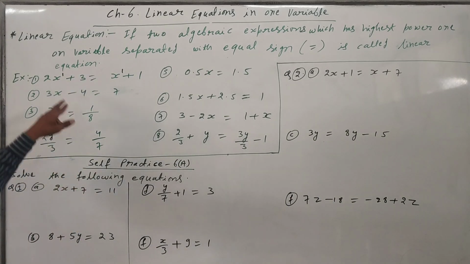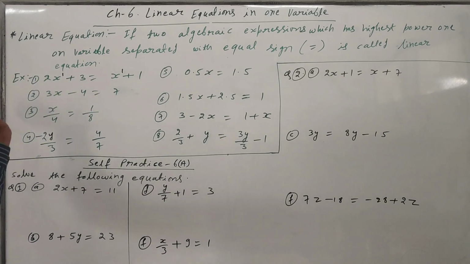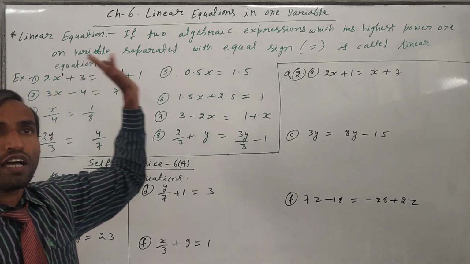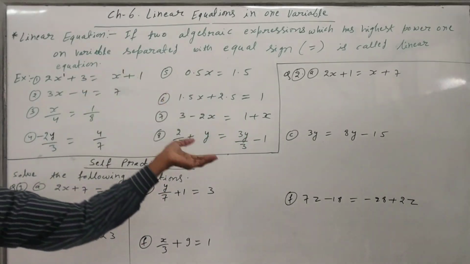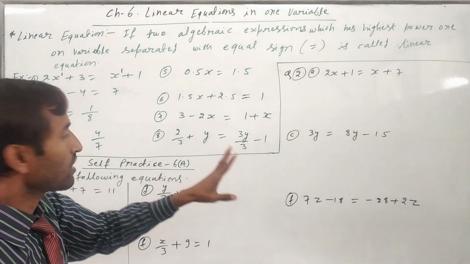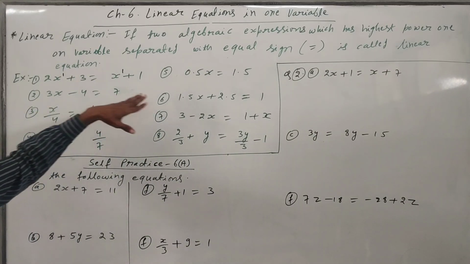Sometimes this type of equation will come: an algebraic expression on the LHS and a constant on the RHS, which may be an integer, fraction or decimal, or sometimes 0. So 3x minus 4 is equal to 7 is also a linear equation.